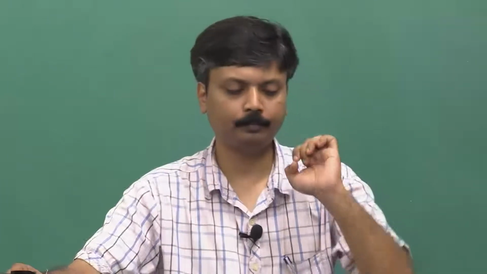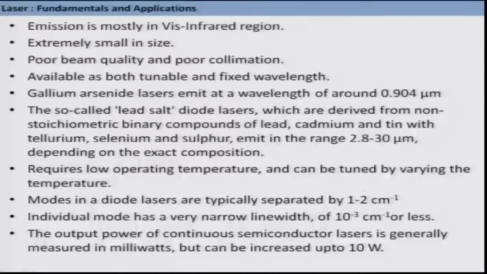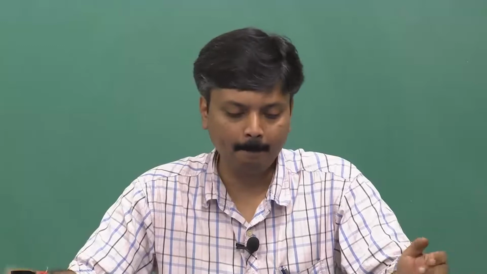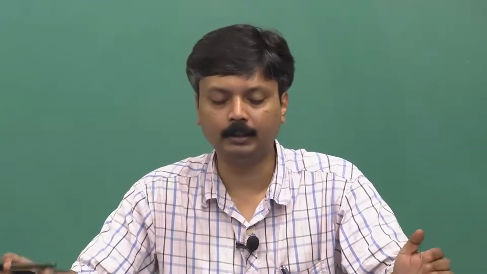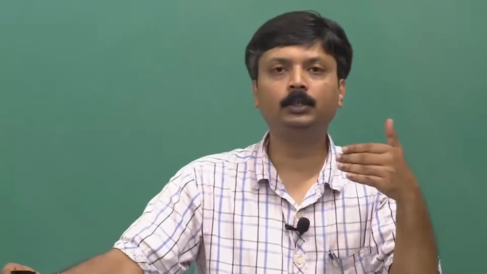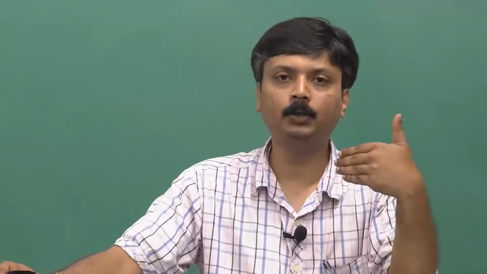You can make a very small laser. Disadvantage: the beam quality is quite poor. The collimation is extremely poor, so the divergence is very high. It is difficult to achieve a collimated beam out of this, so you need to use some external optics to collimate them.